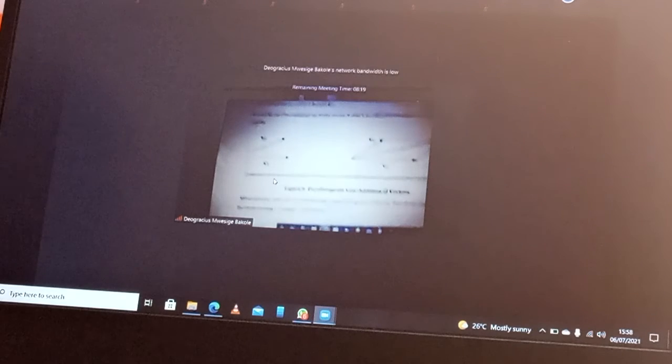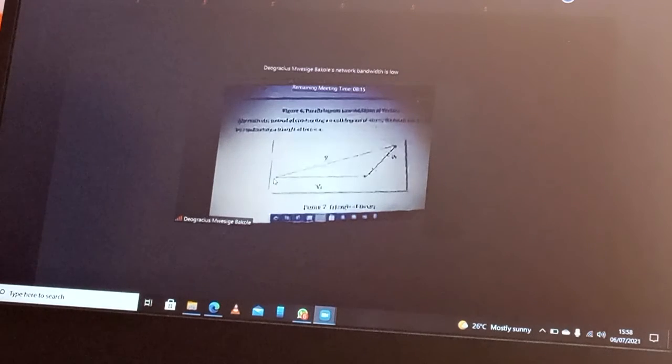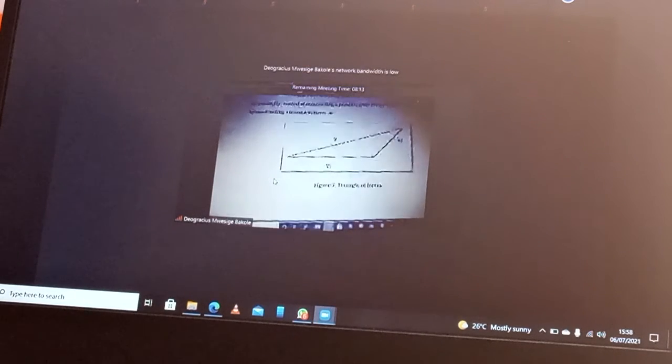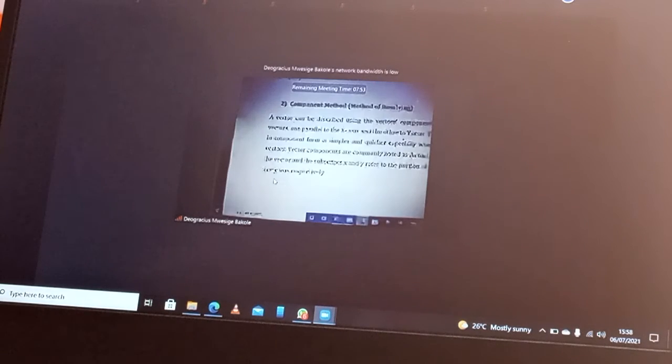But mainly, its limitation is it usually works for not more than 2 forces. So when the forces are more than 2, then we will go for the method we call the method of resolving the components in terms of x, y. When we have more than 2, the triangle forces and the parallelogram method cannot help us get the result. And so we go for the component method of resolving.